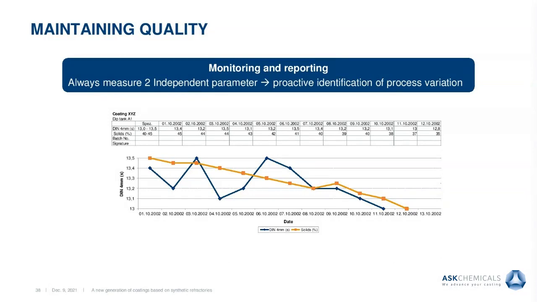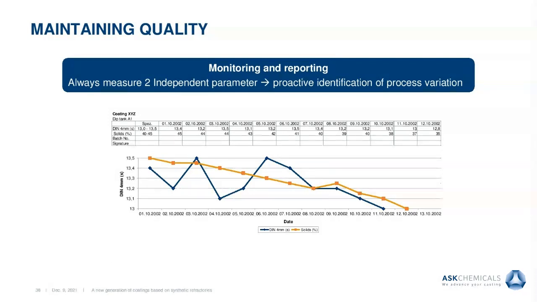I mean, instead of the gravimetric density, you can also measure, for instance, the solid content. That's also a good measure, definitely. But to have a good indication of what's going on in the process, we experienced that the 2-point measurement of the viscosity and either solid content or the density is a good tool to understand what's going on.